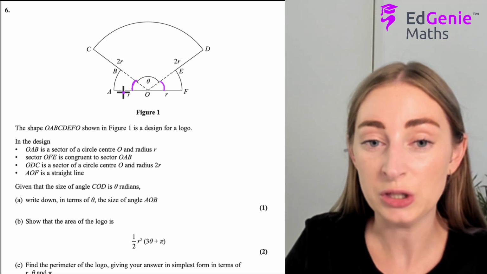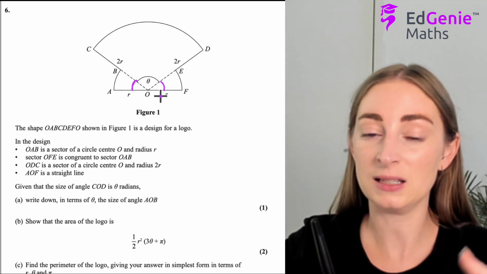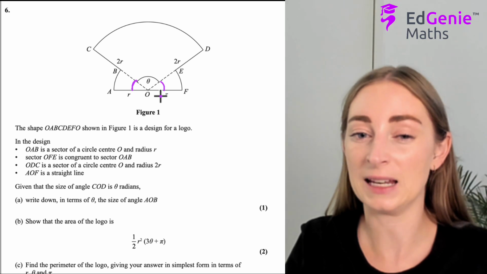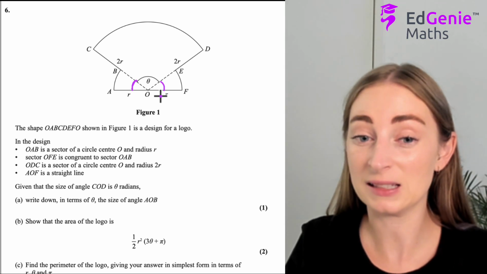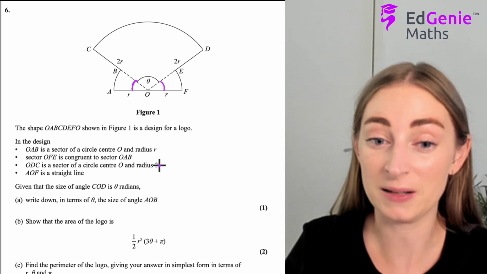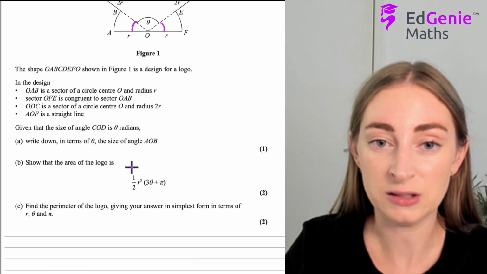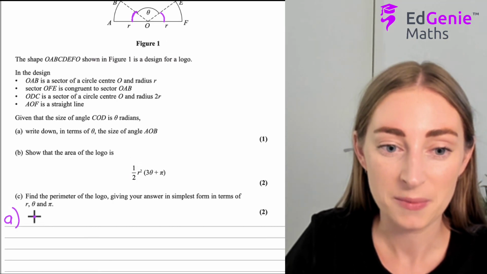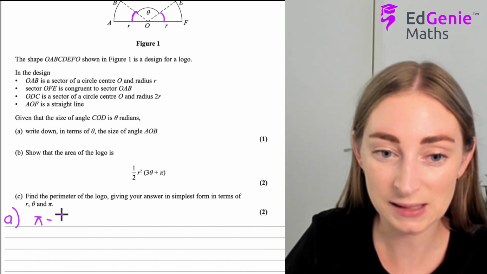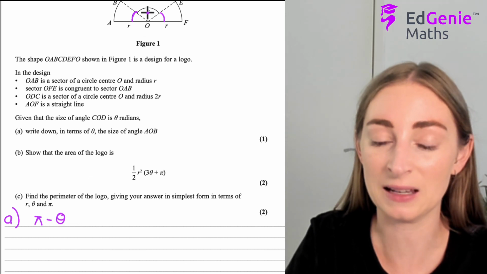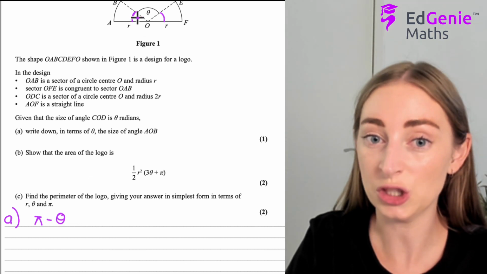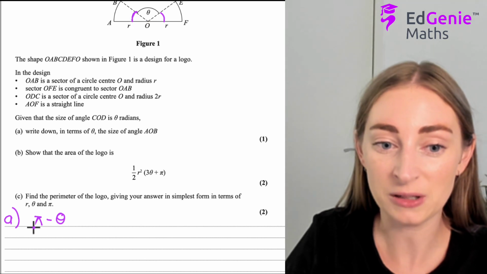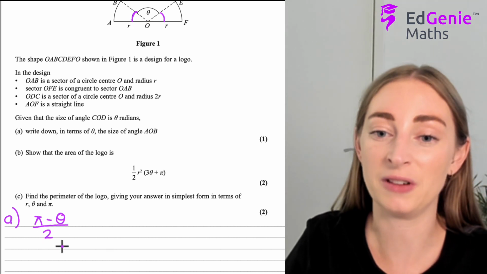So because it's on a straight line, which would be 180, but we're working in radians, so in this case it's going to be pi. So we are going to do pi minus this angle here, which is theta. That will give us these two angles. And then, because we only want one of them, we're going to divide it by 2.